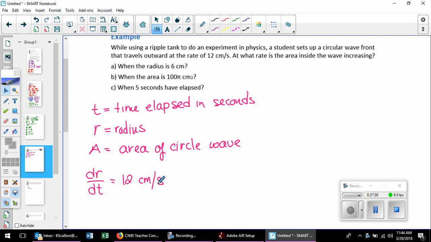Right, so in part A, we're looking for the rate of the area, and part C, we're looking for the area. Oh, and part D as well. So we're looking for dA over dt, but we've got a couple different situations, A, B, and C. So it will be different in all of those.